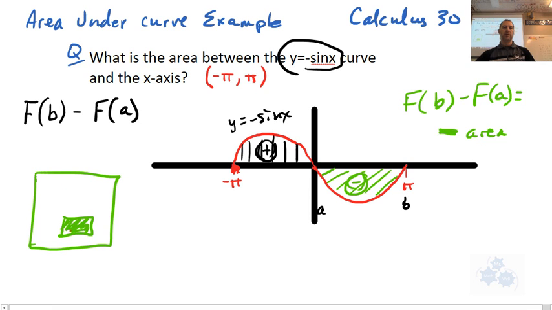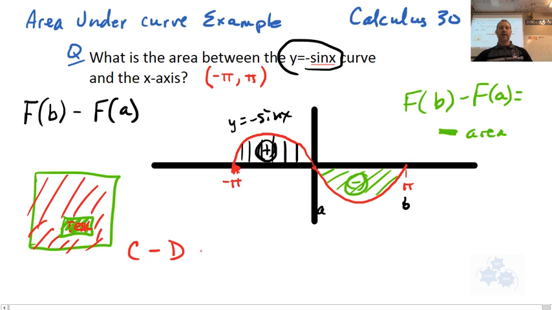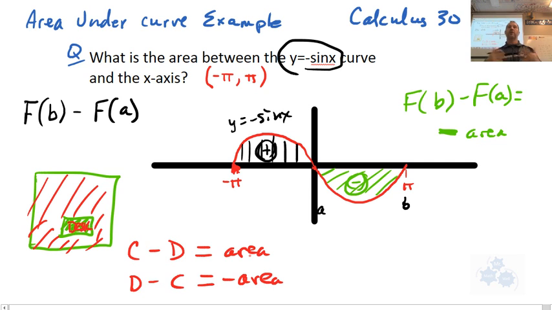So the example I used was, this is my desk, and this is the classroom, and what's the area of the classroom, not including the area of my desk? Well, if you did classroom minus desk, you would get the area of that which remains. But if you did desk minus classroom, you would get the same number, but it would be negative, right? So think about that when you're doing this example.